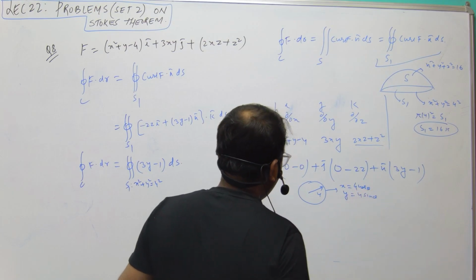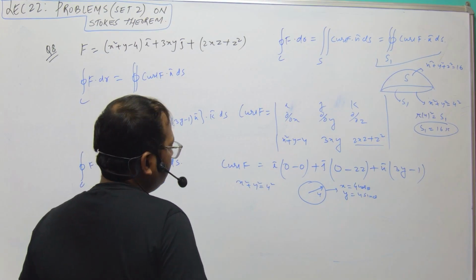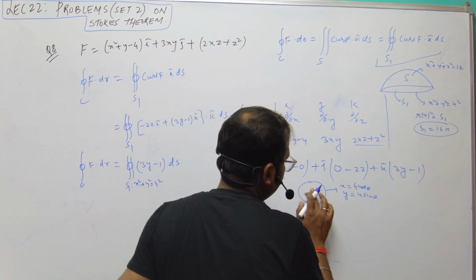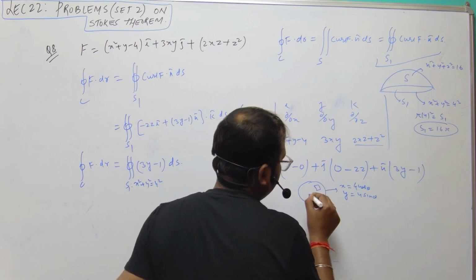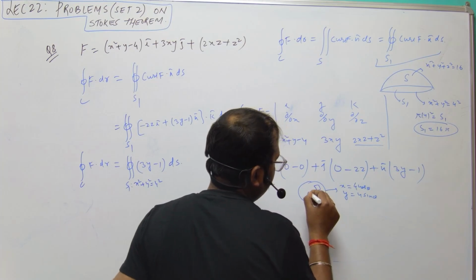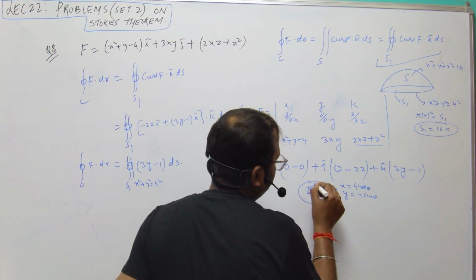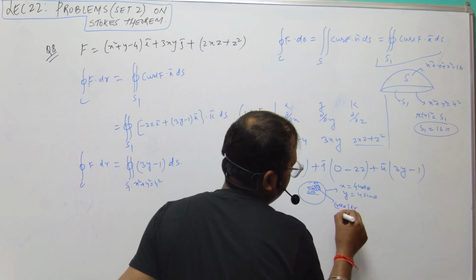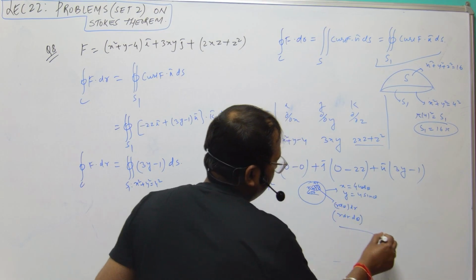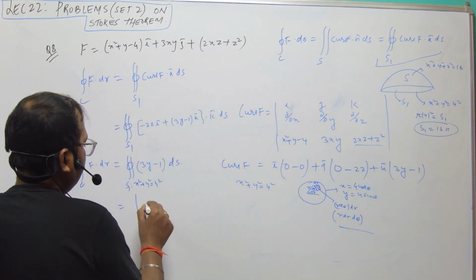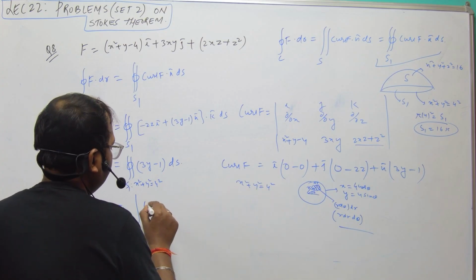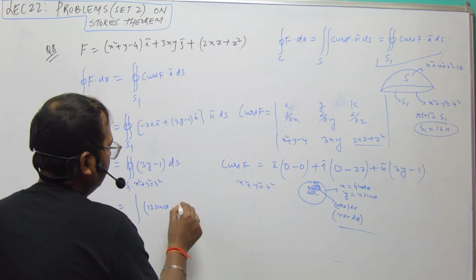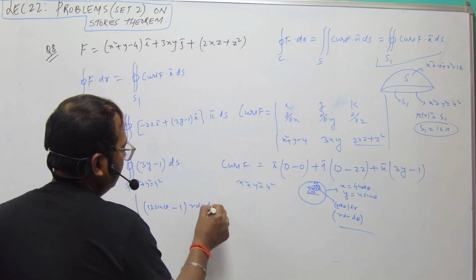And this dS we can write, let us take an elemental area at an angle of theta. So this is d theta, and this is r, so this is dr. This area will be r d theta into dr, that is r dr d theta. So this we can write as 3 times the value of y, which is 4 sin theta, so 3 times 4 sin theta, that is 12 sin theta, minus 1, into r dr d theta.